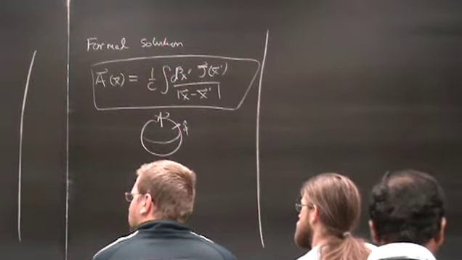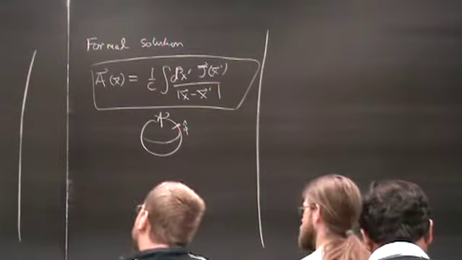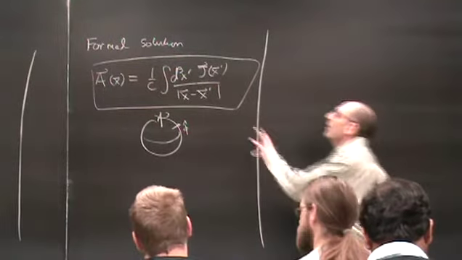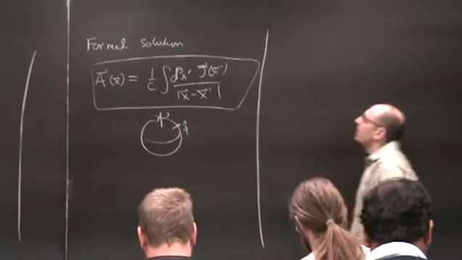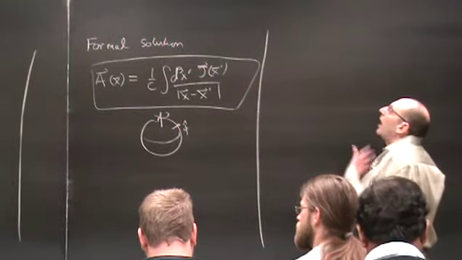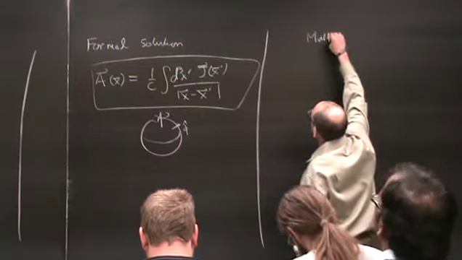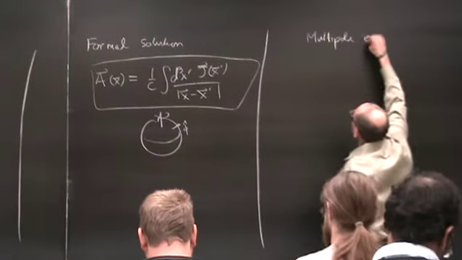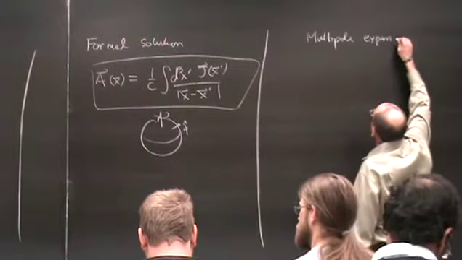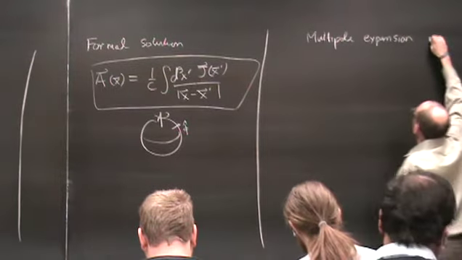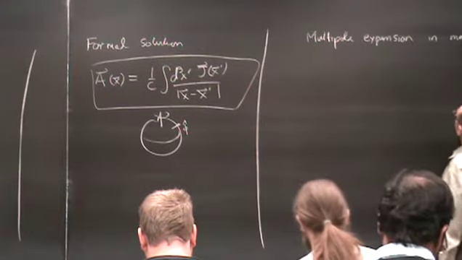All right. So, given that generally the exact solutions are hard, we need approximation methods. In particular, we're going to look at the issue of the multipole expansion in magnetostatics.